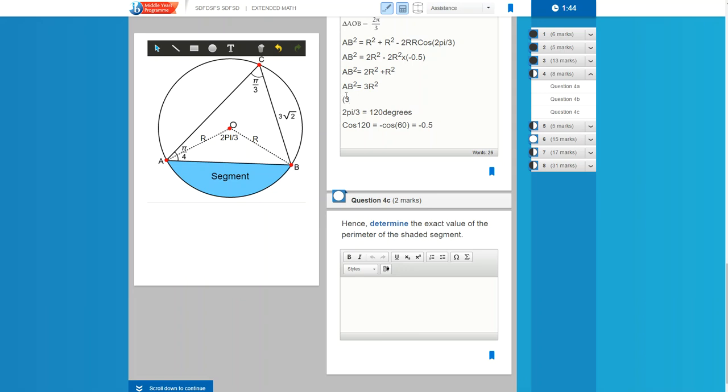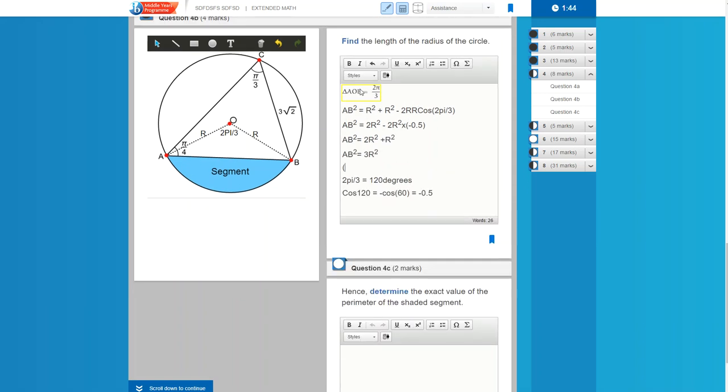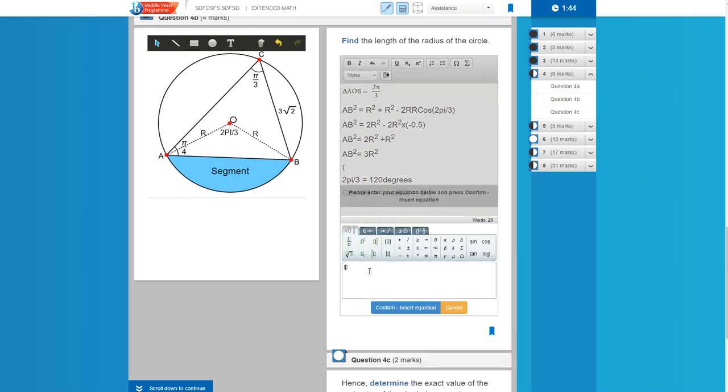So I'm putting, equation editor, 3 root 3, and I am squaring all of that. That is all equal to 3 times r squared.